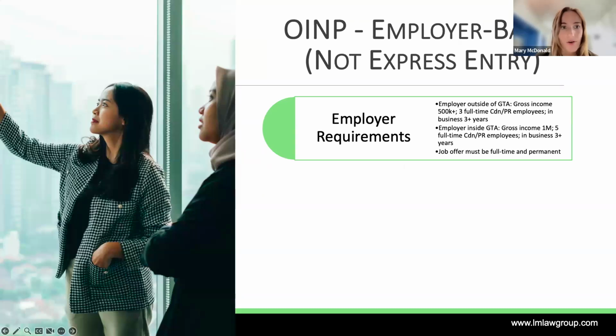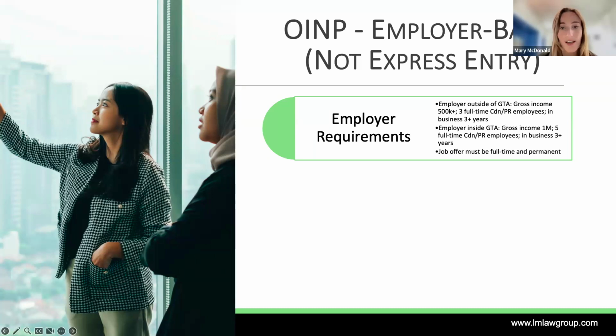Okay, and then after the OINP Masters and PhD, we have the employer-based streams. These streams are for people who have a job offer that meets certain requirements and for applicants who also meet certain requirements. The job offer has to be from a business that's been in Ontario for at least 3 years.